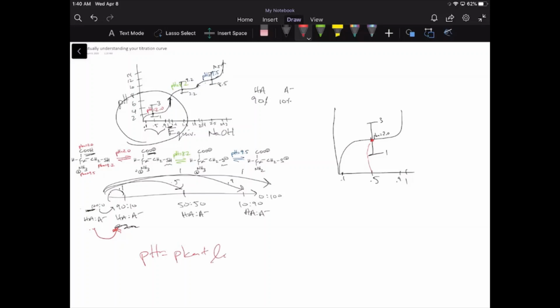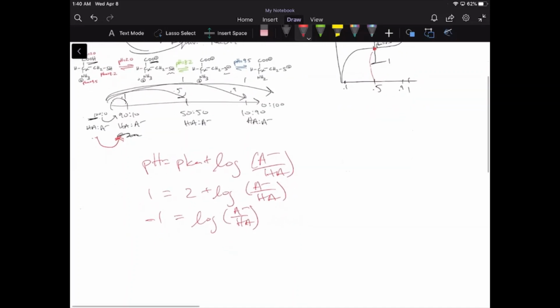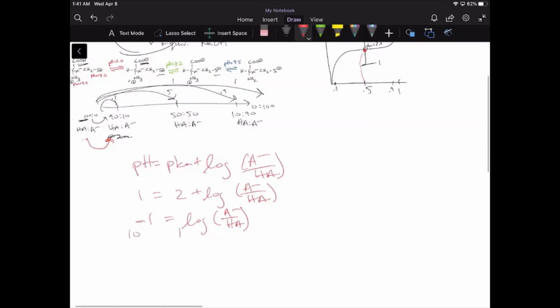I'm just going to quickly do this. If I wanted to get my 10 to 1 ratio, let's just make the pH 1 equal to pH 2, and I plug in over here. I subtract 2 from both sides, that's equal to negative 1 equals log of A minus over HA. Then 10 to the power of 1 to get rid of the log.